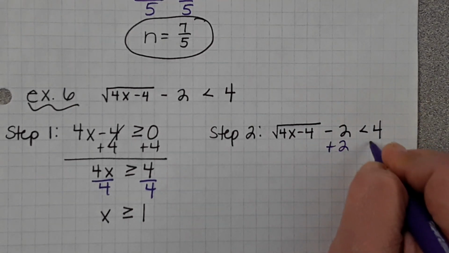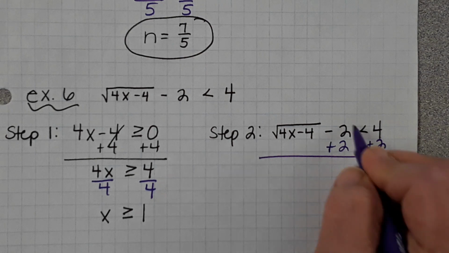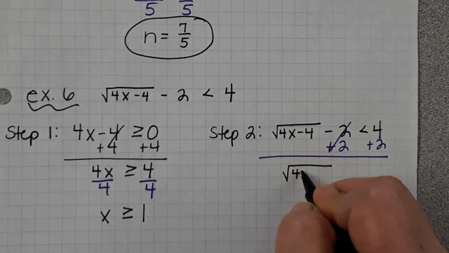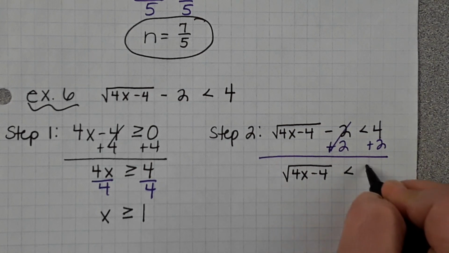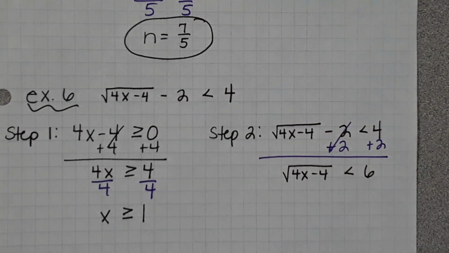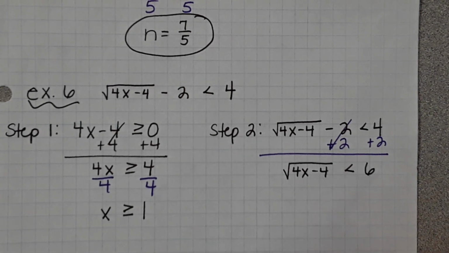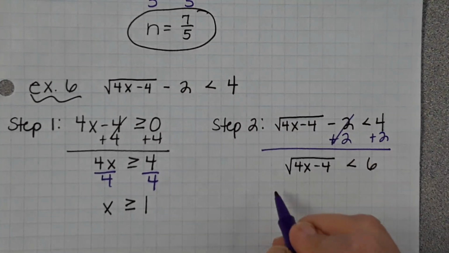We're going to add 2 to both sides. How do you get rid of a radical or square root? We're going to square both sides.